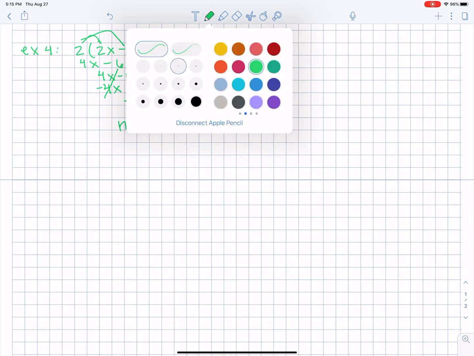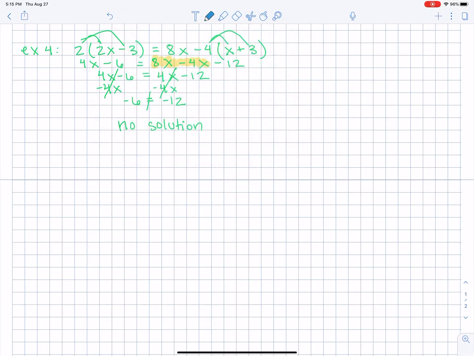Okay, last example for you. Example 5. 3 over 4, parentheses, 2x minus 1, plus 1/2 is equal to 5 over 4.